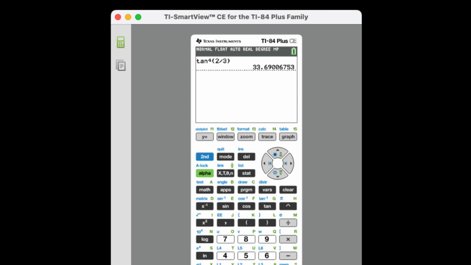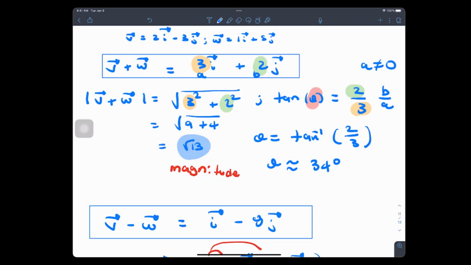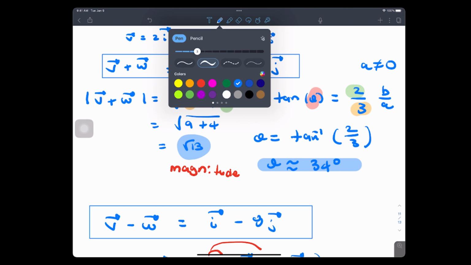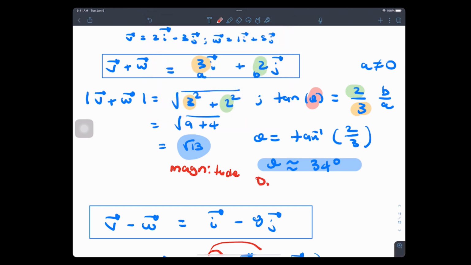What's that going to give you? 34 degrees? Now let's see. Does that make sense to say it's 34 degrees? Theta is the direction of this vector.